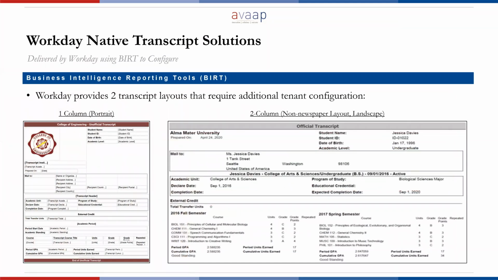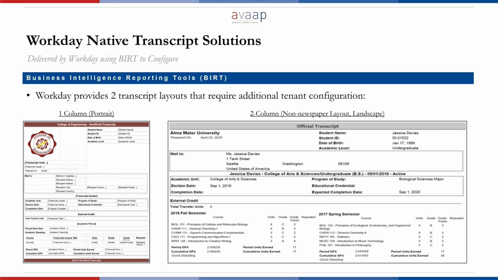Luckily, Workday offers the ability to integrate with many third-party systems. Workday provides the means of gathering the data needed to present a more holistic picture of the student's achievements over the course of their life cycle with the institution. Workday itself provides two transcript formatting options, a one-column layout and a two-column layout.